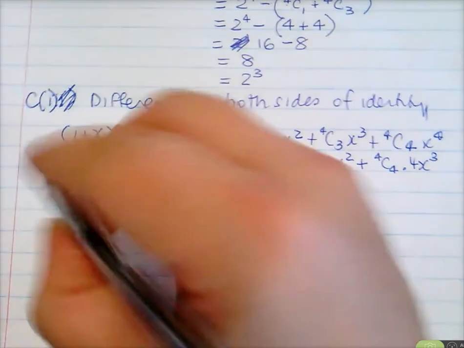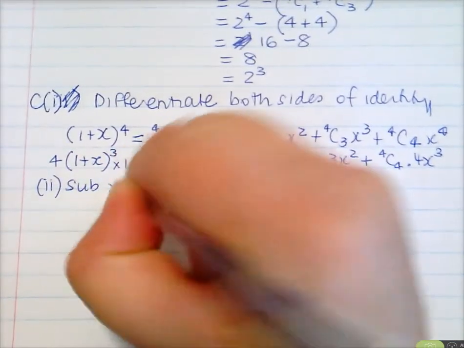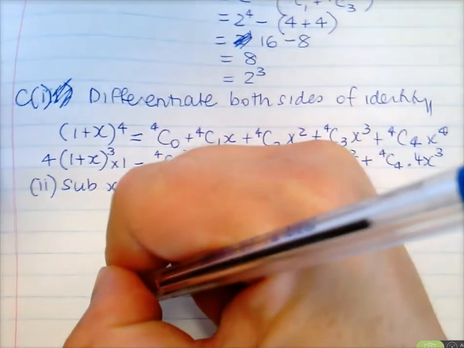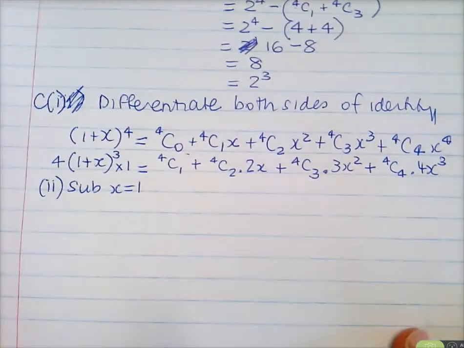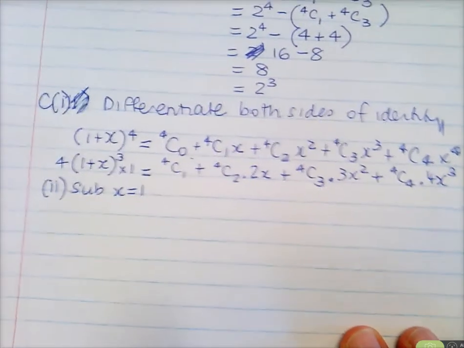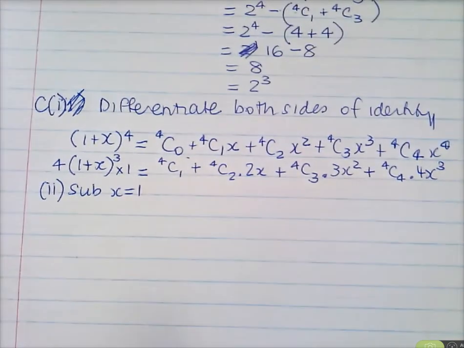The next part, 2, said to substitute x equals 1 into both sides to show the result that they're trying to prove there. I can bring it here if you want. Substitute x is 1. If you got the question in front of you? Yeah. All right, good. And we need to show that 4 choose 1 plus 2 times 4 choose 2 plus 3 times 4 choose 4, etc. equals 4 times 2 cubed.